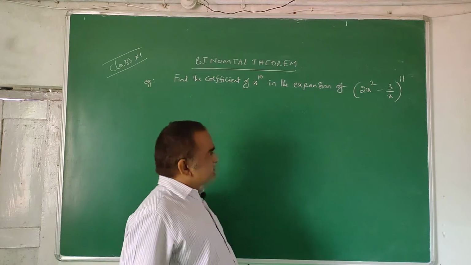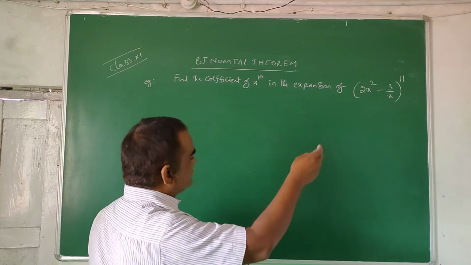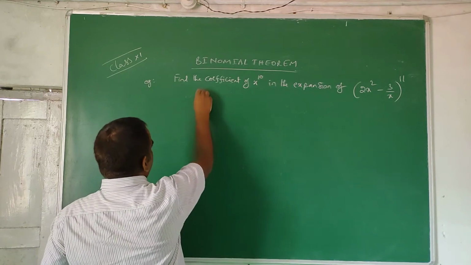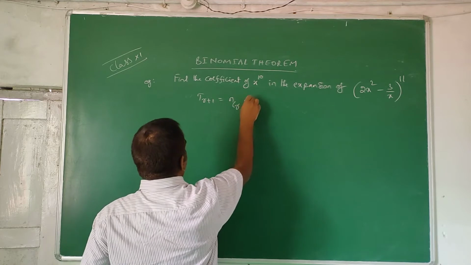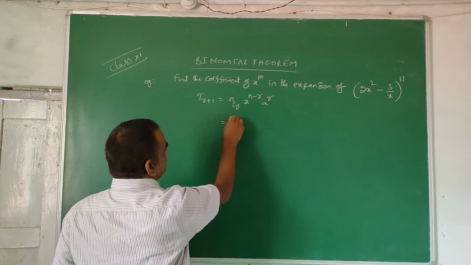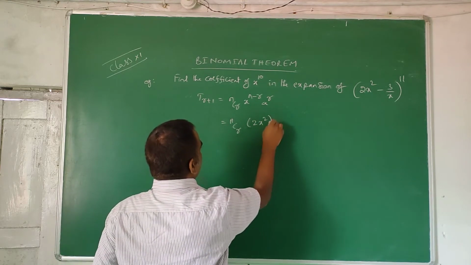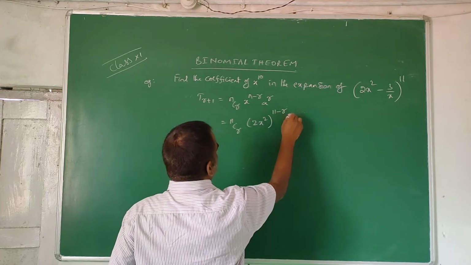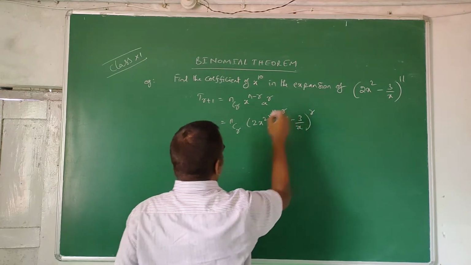So dear students, next question: find the coefficient of x power 10 in the expansion of this. Here we need to find the coefficient. T r plus 1 equals nCr x power n minus r, a power r. This is the general term. So 11Cr, (2x square) whole to the power of 11 minus r, (minus 3 by x) whole to the power of r.